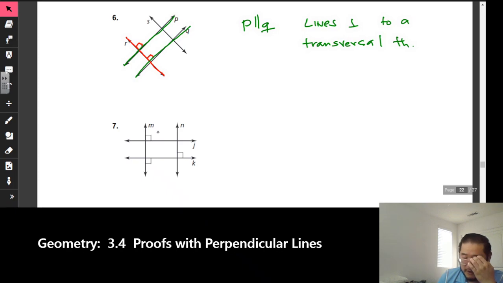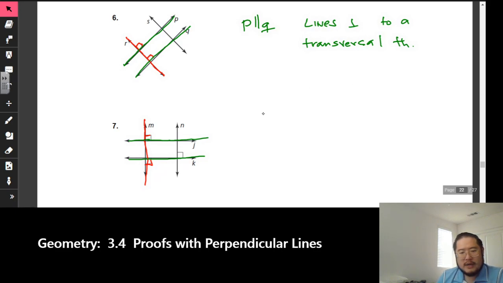We've got a lot of 90-degree angles here. I've got 90 degree, 90 degree. I can go ahead and say this is the transversal, and we have ourselves right here parallel lines, or the two lines that are going through that transversal. So there's the first part.